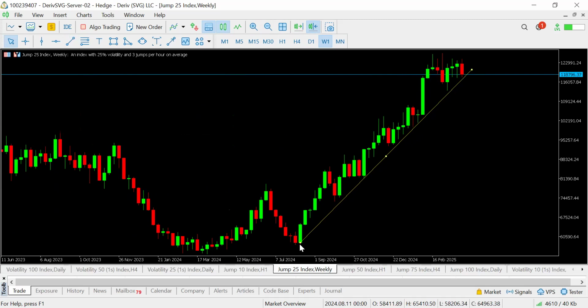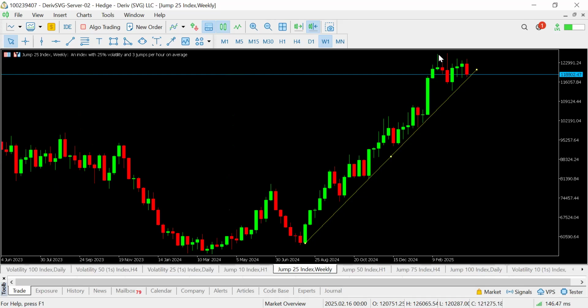One thing we can see from the weekly time frame is that the price is currently sitting on the trend line. So we have a high, a higher low, the market ranged here for a bit, then gave a higher high, ranged a bit, higher high, and then higher high, gave us a higher low.